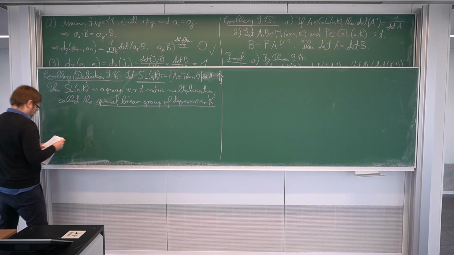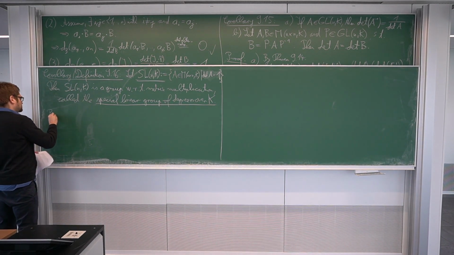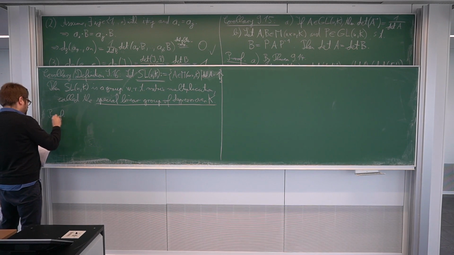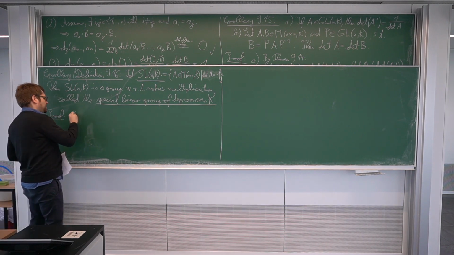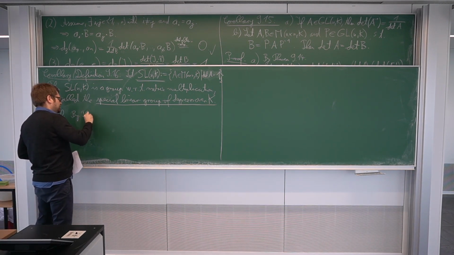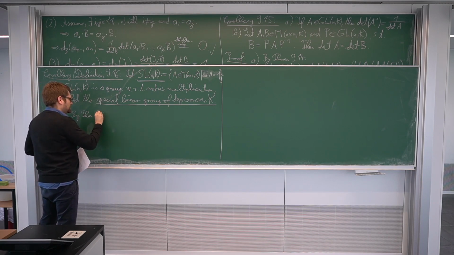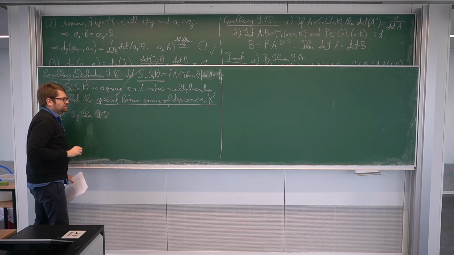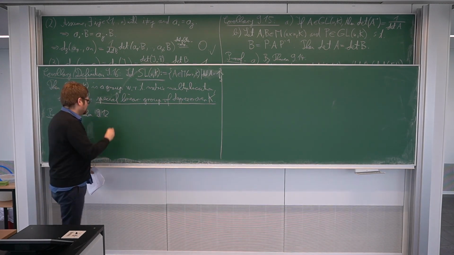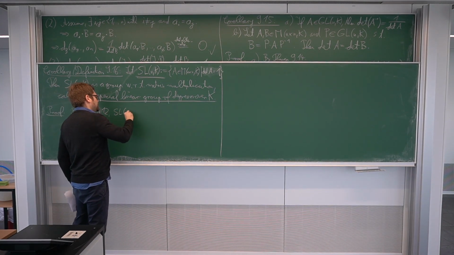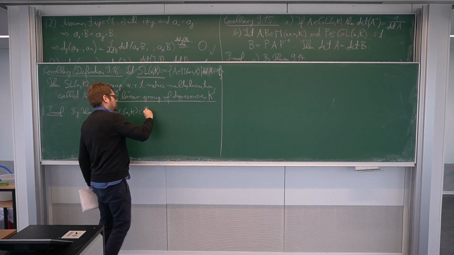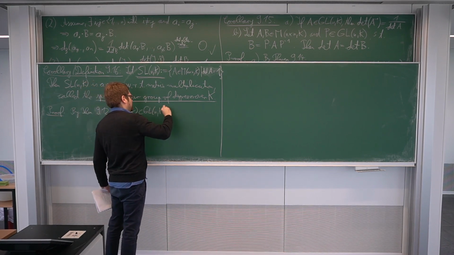Okay, now how to see this? So first of all, we know that by theorem 912, sorry, that the determinant is non-zero, so the matrices are all invertible. SL(n, K) is a subset of GL(n, K).